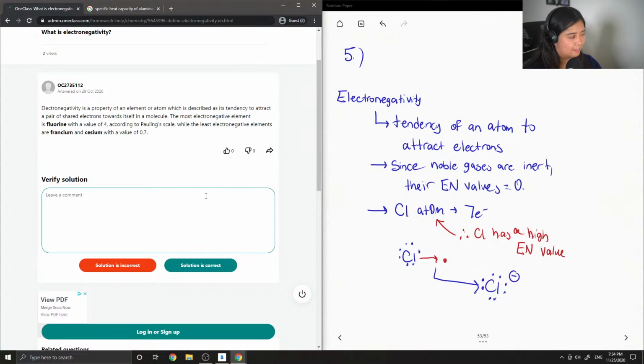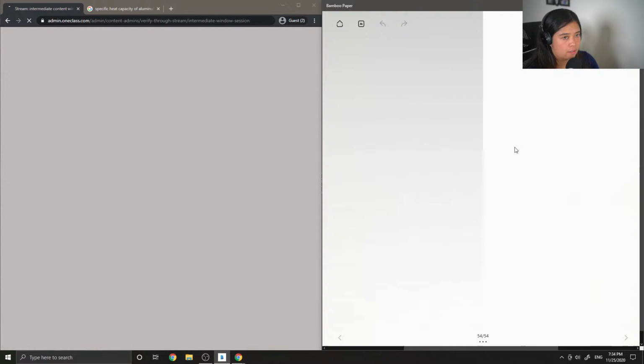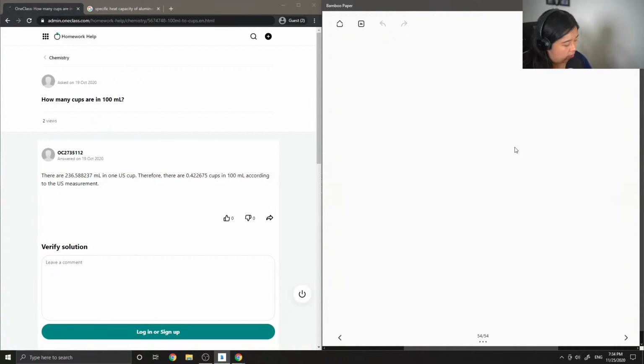I'll probably just add a little note. But I'll still say this solution is correct because they gave the correct definition of electronegativity.